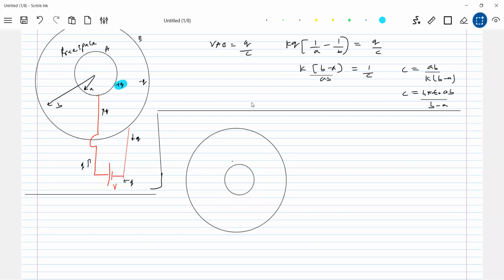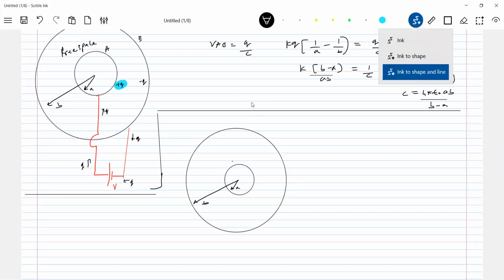Now we'll go for the medium between them, which I'll fill up with a dielectric medium.